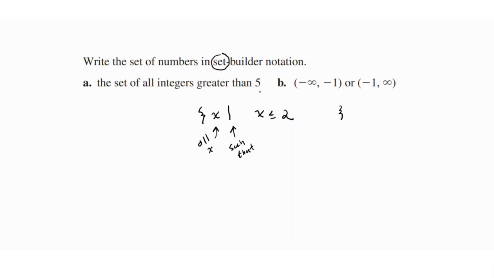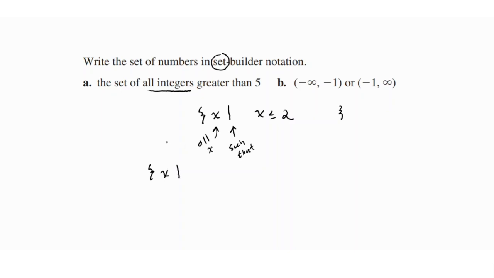The set of all integers greater than 5. One thing we want to realize here is that we're only looking at the integers greater than 5, so we're going to have to make an extra step in this case. Let's go to the set of all x, vertical line.